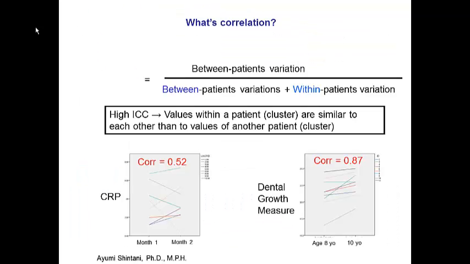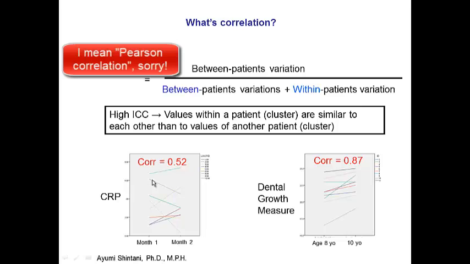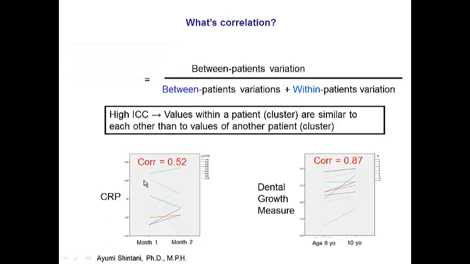Correlation is linked directly to variation among patients and variation within patients. When we have repeatedly measured data, total variation consists of these two: variation between patients and variation within patient. When you have larger correlation, that means between patient variation is much larger than within patient variation.